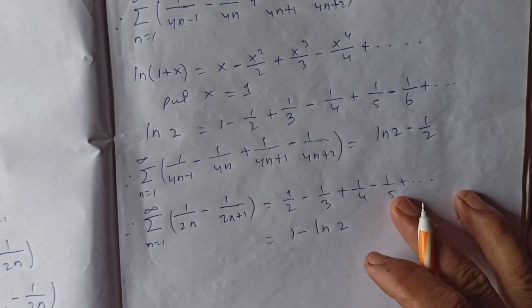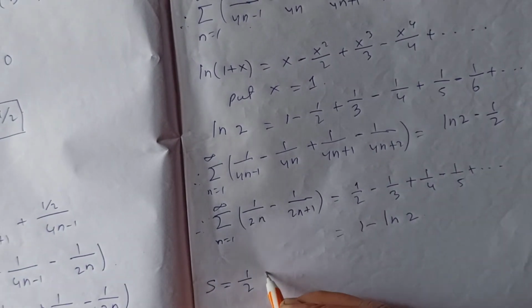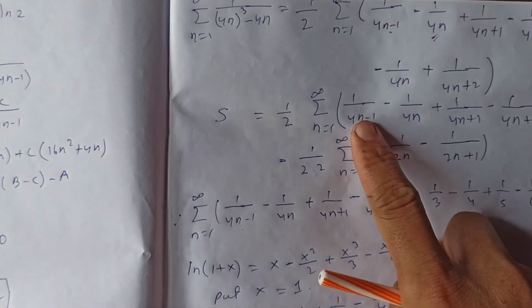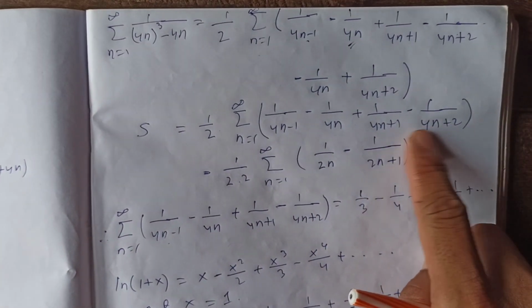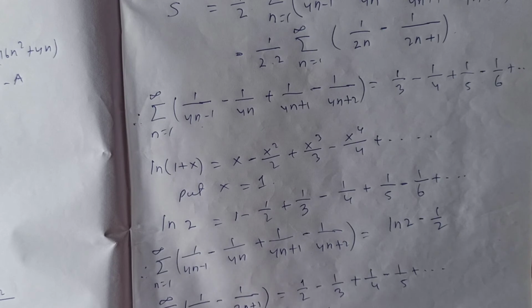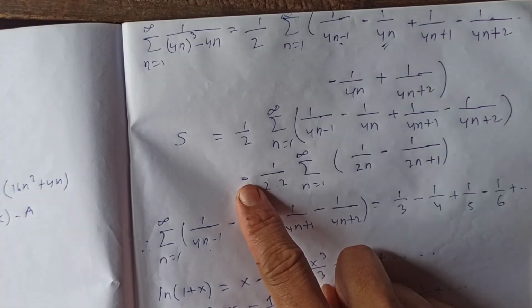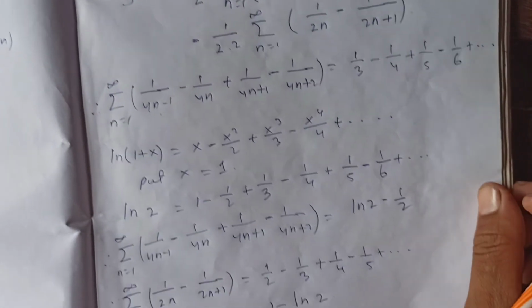Now all sum S is going to be what? Let's see. Now our S is equal to 1/2 times, in place of this one, we get natural log of 2 minus 1 by 2, minus 1 over 4 into this one.